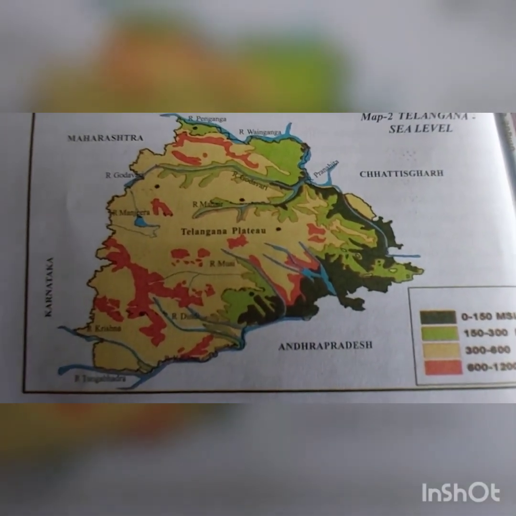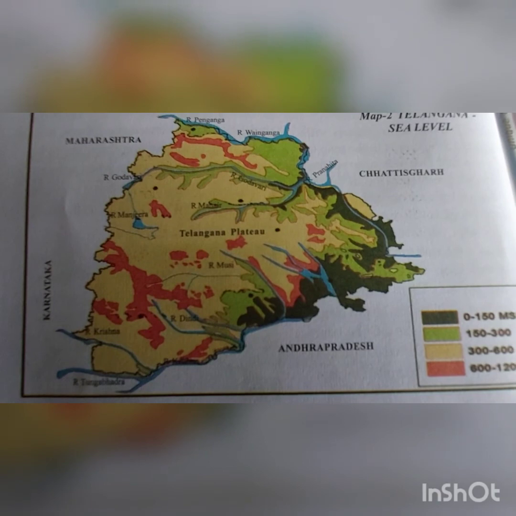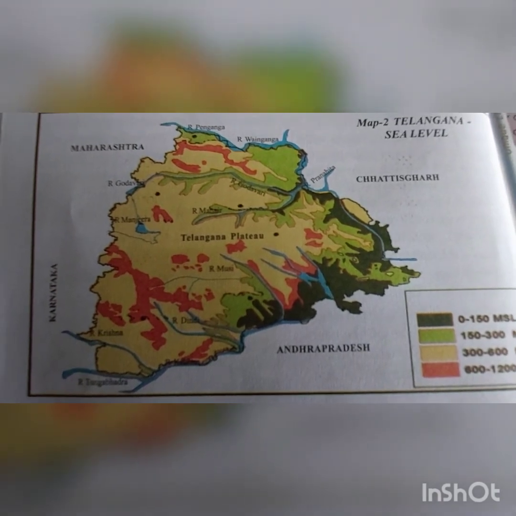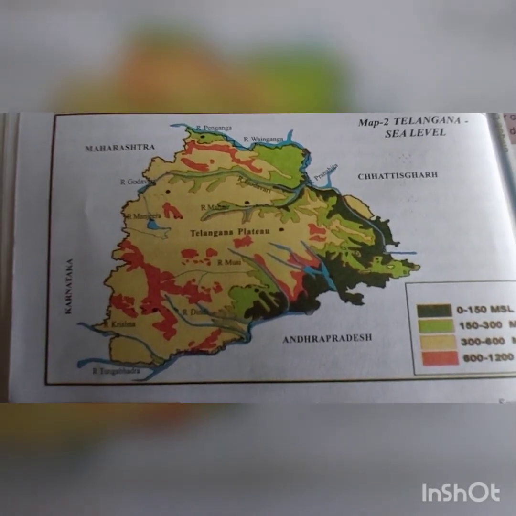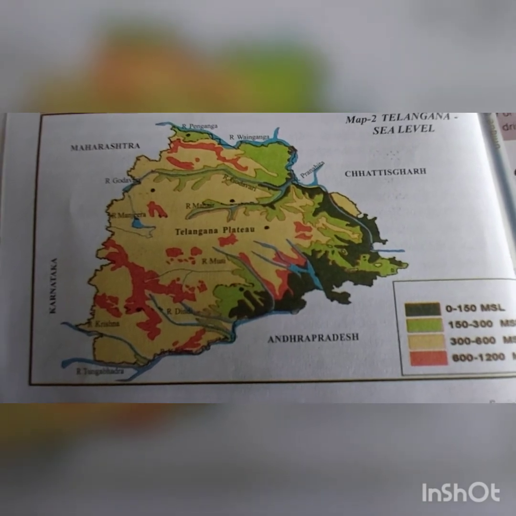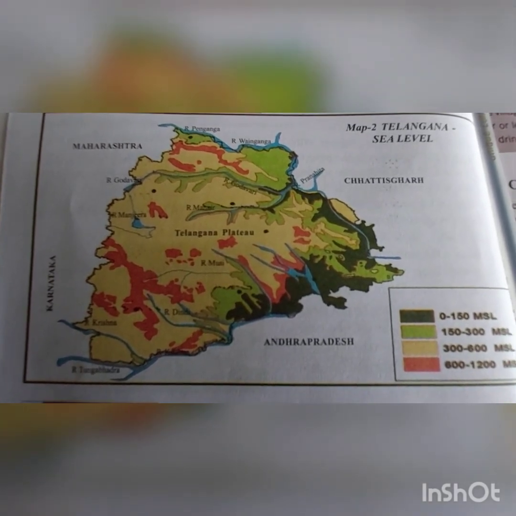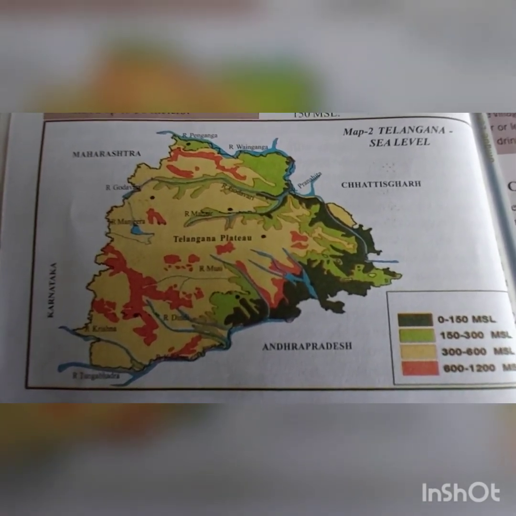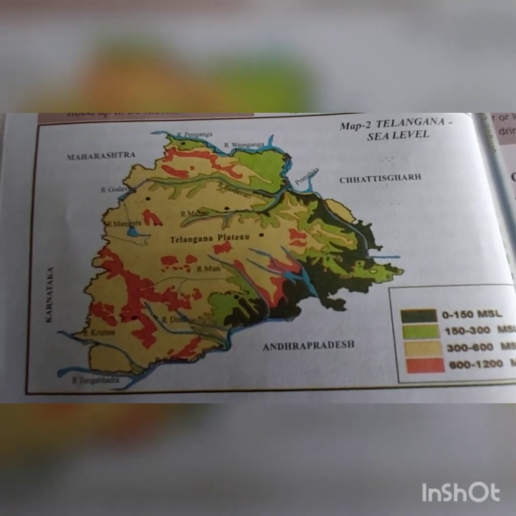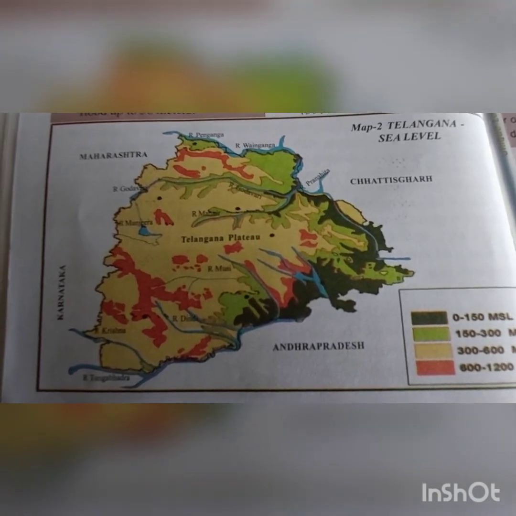This map will help any person to know about the height of the land. Looking at the map itself, you can say at what height the land is and what other modes of transport or whatever you need to know about that particular place.